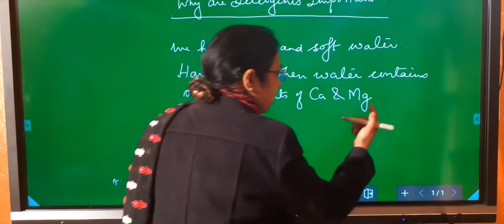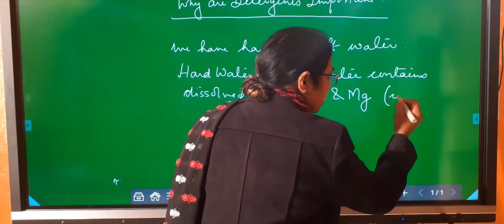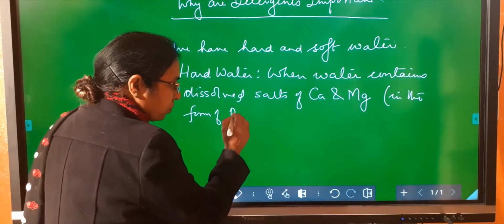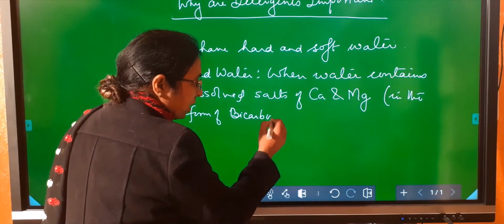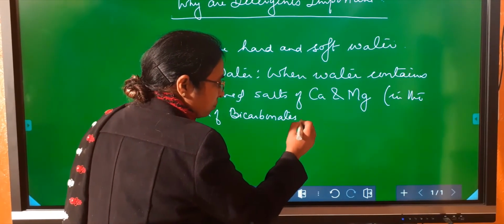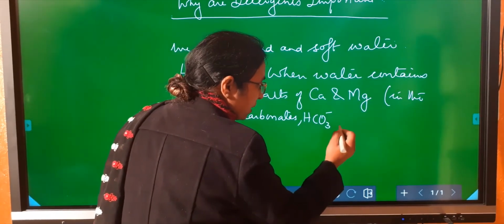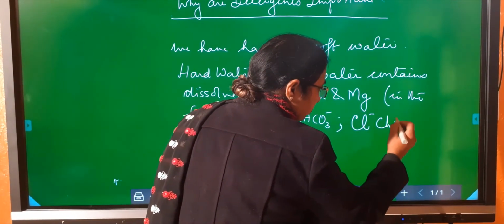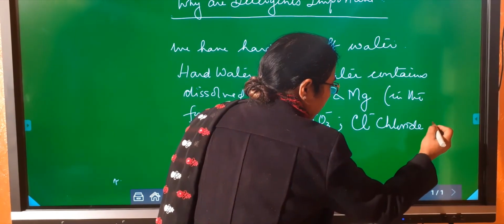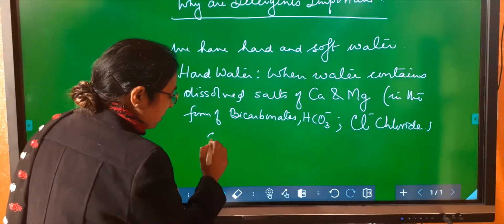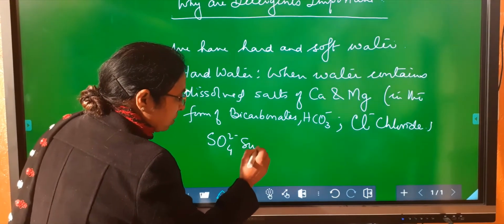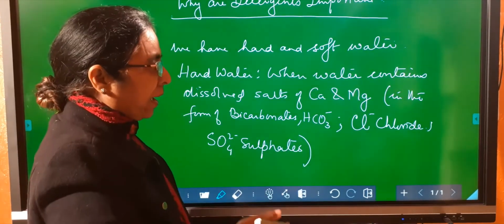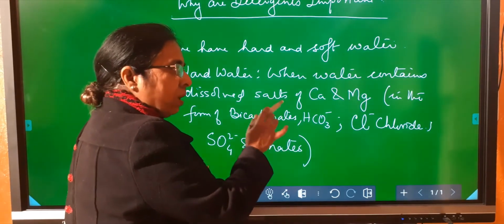They are in the form of bicarbonates, HCO3 minus, or it may be chloride, or it may be sulfate, SO4 2 minus.